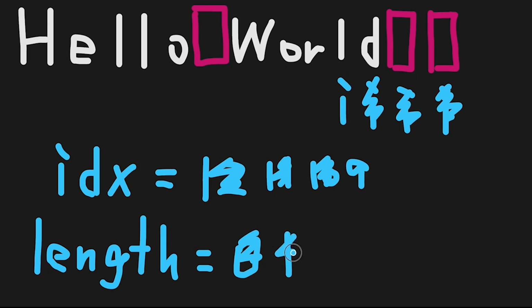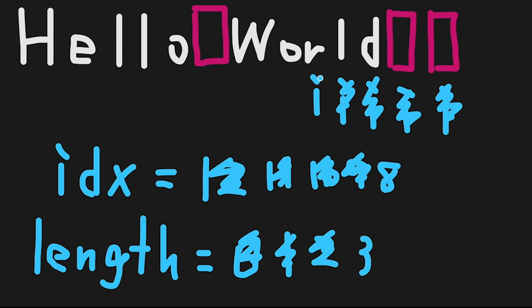So add +1 to length variable, and then reduce current index to 8. So move to index 8. Again, we find R. So in that case, add +1 to length, and then reduce the current index to 7.